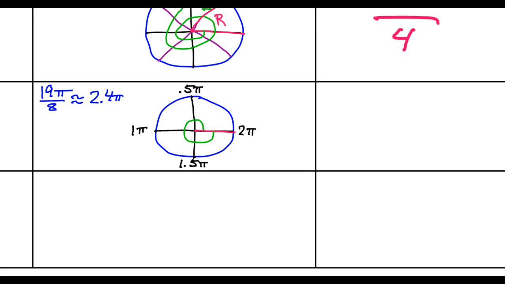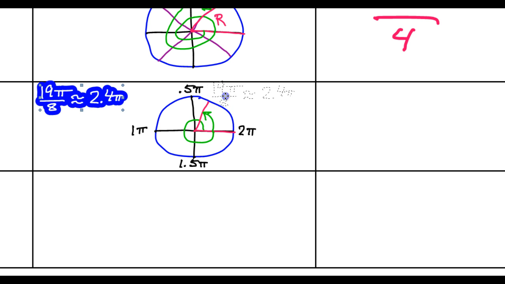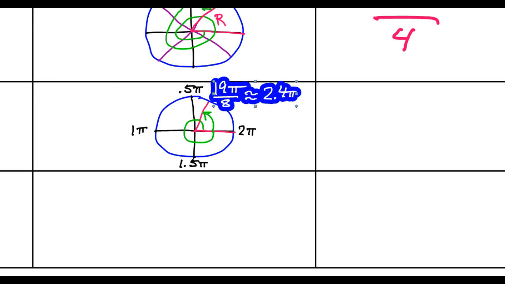So I'm going to stop short of that, somewhere in this area. It's going to be like this. That is my 2.4 pi, which of course is 19 pi over 8. Let's drag all this over. I don't need the decimal anymore, so I'm going to get rid of that.